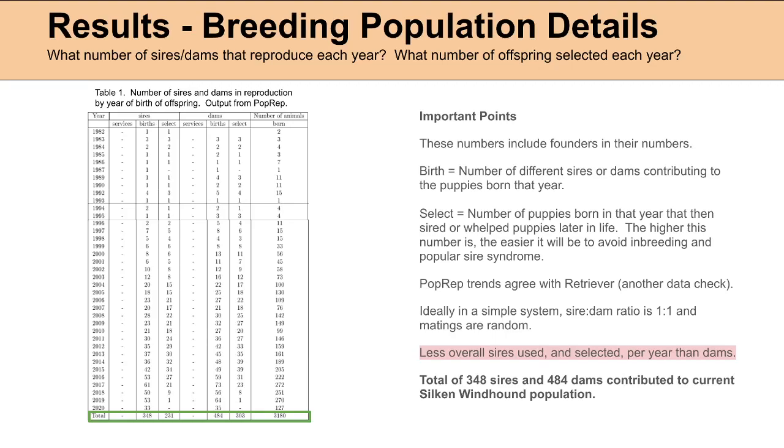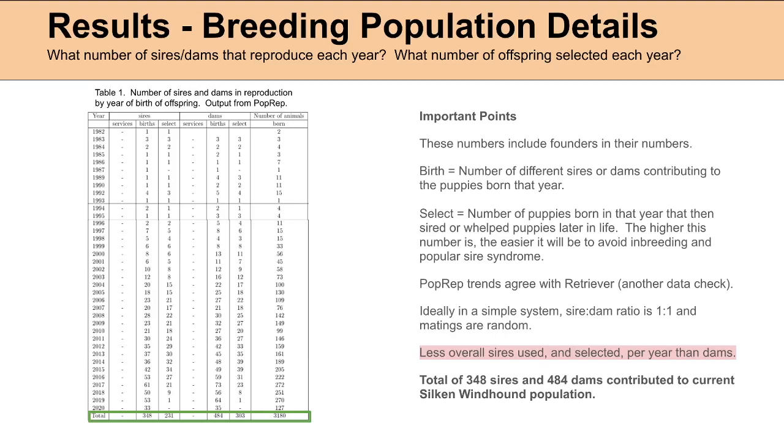The next set of data that we're looking at is basically the same data that I just showed you from Retriever, and this is output from PopRep. An important point is that PopRep includes founders in their numbers, whereas Retriever doesn't. When you're looking at this table and you see birth, that's indicating the number of different sires or dams that contributed to the puppies born that year.